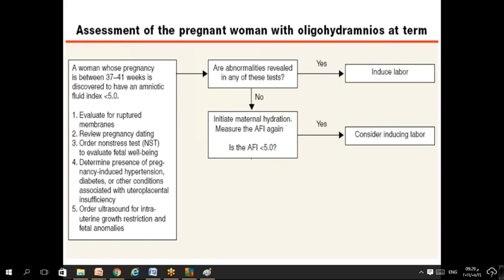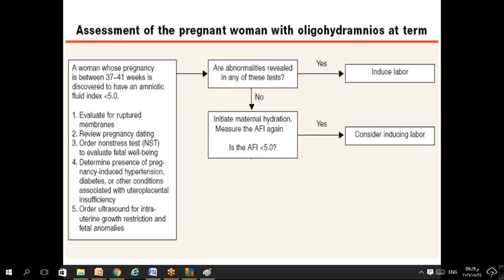Advise the woman to drink a lot, especially if you are in hot countries. When the mother is well hydrated, more water goes to the baby. There is more exchange between the mother and the fetus in the fluid.